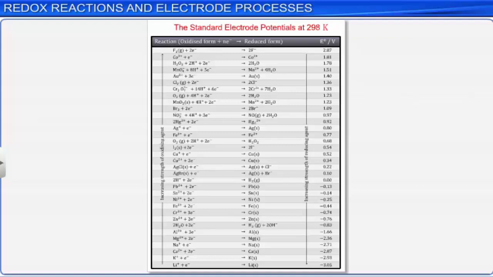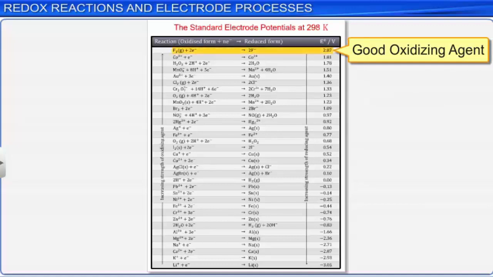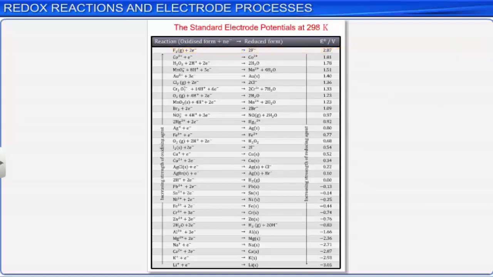For example, fluorine has a standard electrode potential of plus 2.87 volts, while lithium has a standard potential of minus 3.05 volts. Thus, fluorine reduces easily and is the strongest oxidizing agent. On the other hand, lithium undergoes oxidation and is the strongest reducing agent.